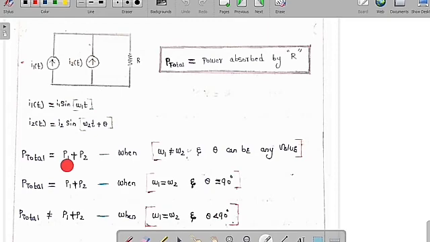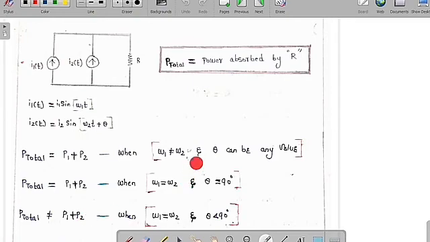Here P1 is the power due to only I1 of t, and P2 is the power absorbed by resistor R only when I2 of t is present. But if both frequencies are equal and theta is equal to 90 degrees, then also power total is equal to P1 plus P2. But if omega 1 is equal to omega 2 and theta is not 90 degrees, then definitely P total is not equal to P1 plus P2.